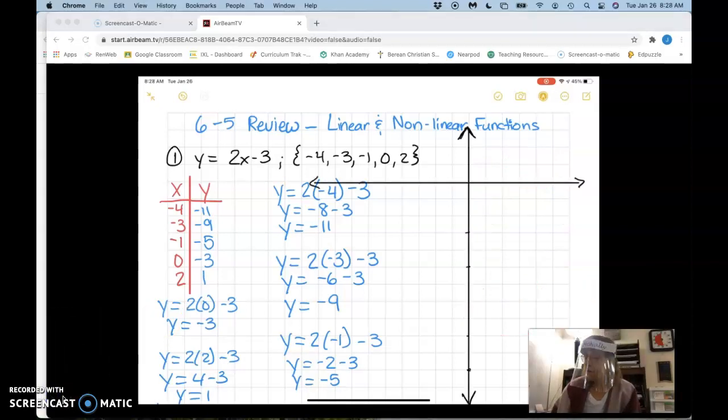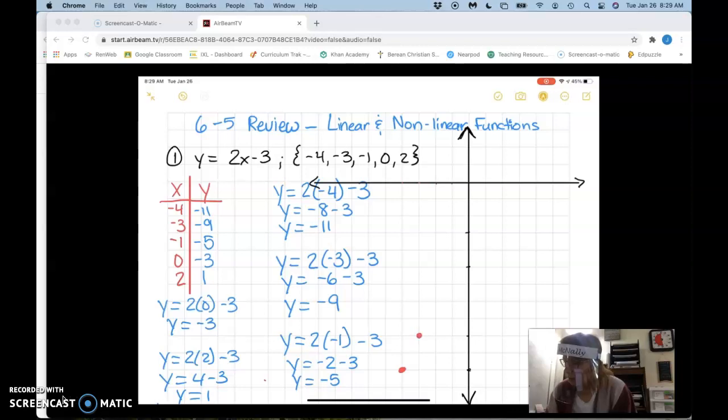So now that I found all my values, my x and y values, I'm just going to graph this line. And I know it's a line because it matches my y equals mx plus b formula. That is linear. So I'm just going to graph all the points. And I made my graph mainly in the negative area because I have mostly negatives on this one. So -4 and -11. -3 and -9.